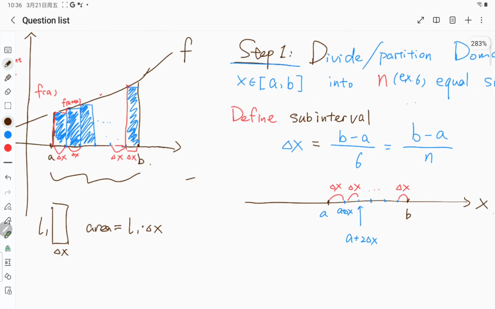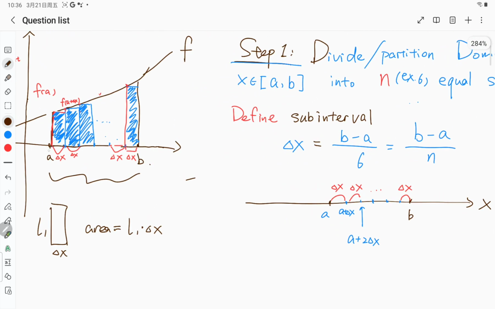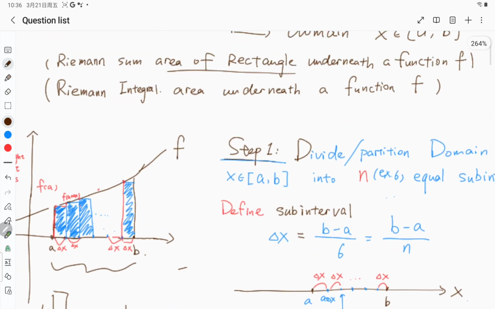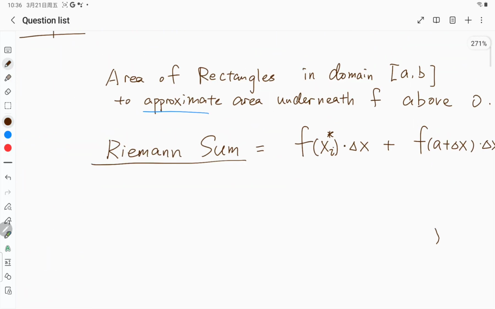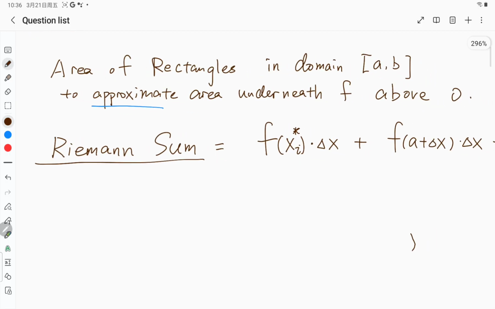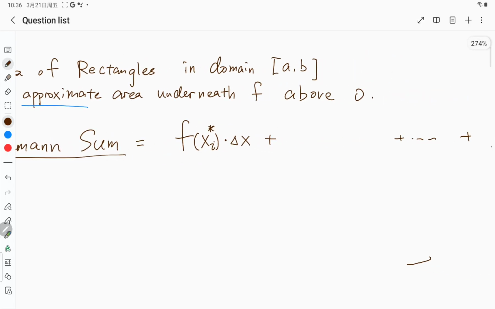We partition and decompose the interval, so you can think of these as x1, x2, x3. Also, if we take the middle point as our height, it's going to be some x as well. So I'm going to write a general formula using the notation f(x_i star) times delta x, and summing it up, with i from 1 to n.